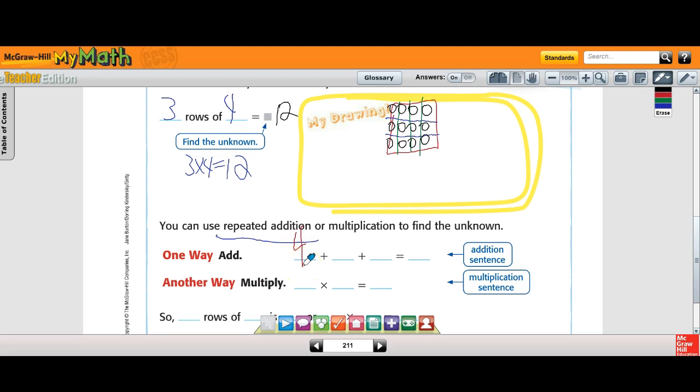How many in the second row? 4. And how many in the third row? 4. So 4 plus 4 plus 4 would be 12. Another way would be just to multiply, like we did here. What's my multiplication sentence again? 3 times 4 equals 12.